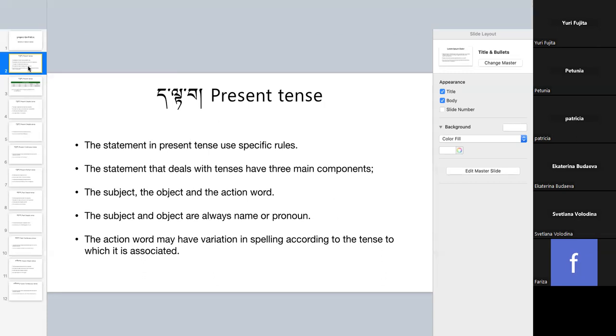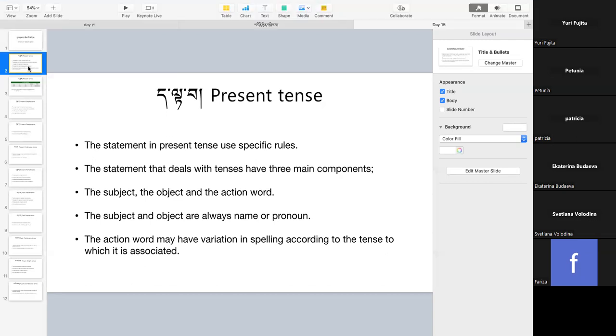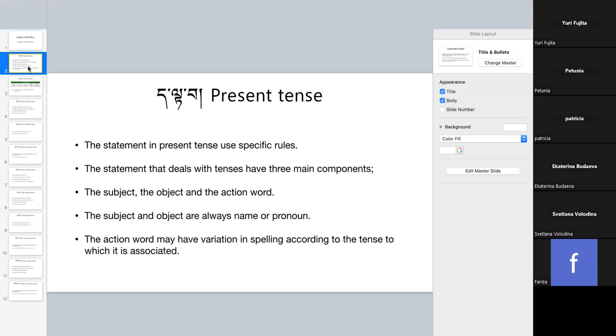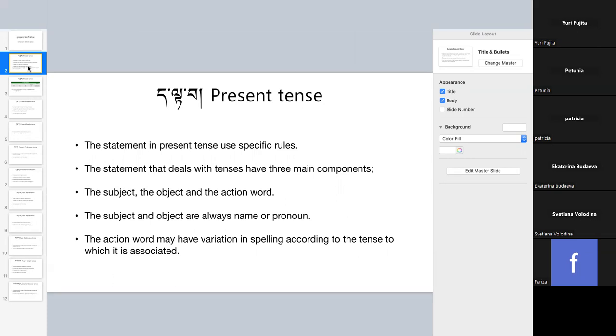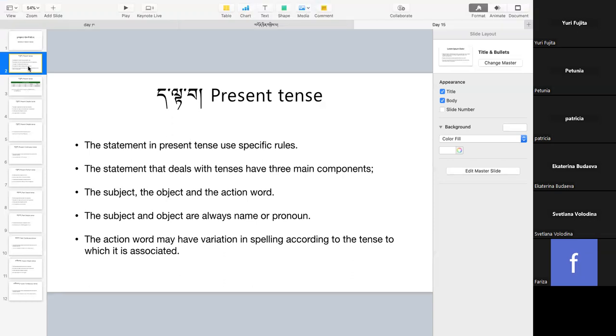But the action word may have variation in spellings, so there is a difference in spellings for different tenses. If it's the present tense, it will have a different spelling. If it is the past tense, it will have a different spelling. So therefore, we will see that the action word will change with different tenses.